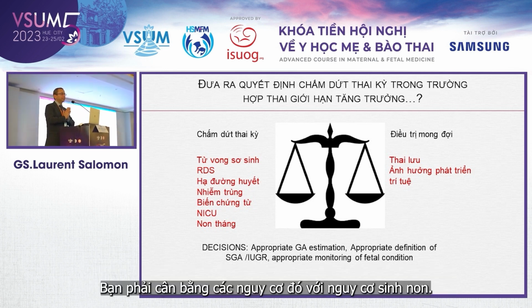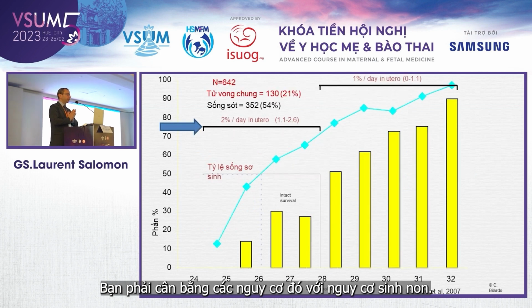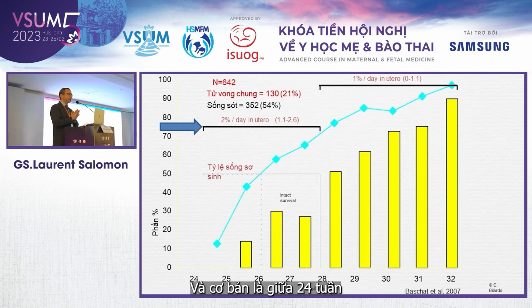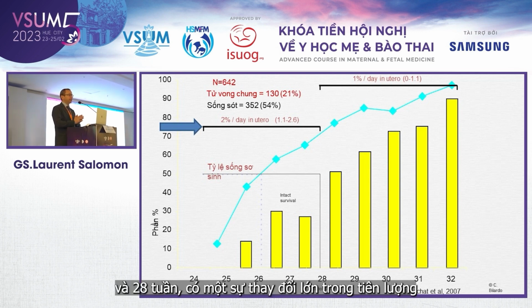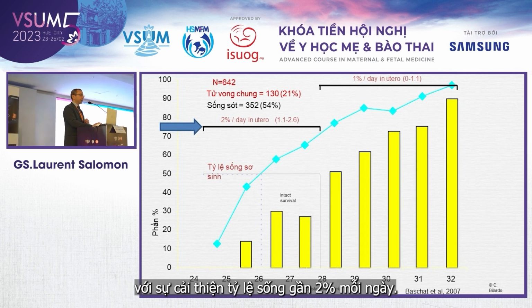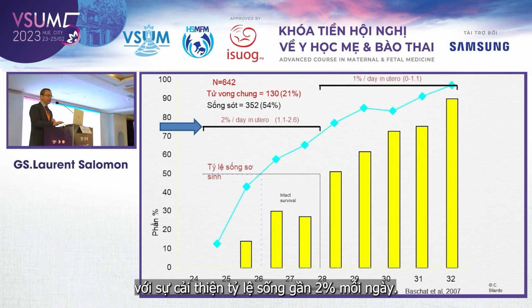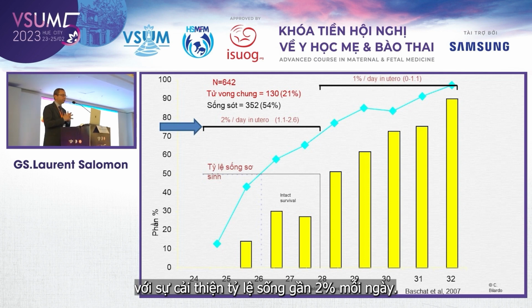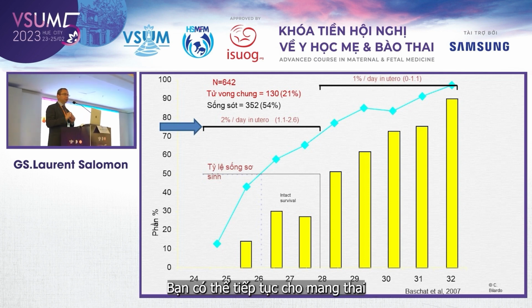You have to balance this risk with the risk of being born extremely prematurely and the risk of prematurity. And basically, you have to remember that between 24 and 28 weeks, there is a major change in the prognosis with an improvement in survival of almost 2% per day. You can maintain the pregnancy going on.